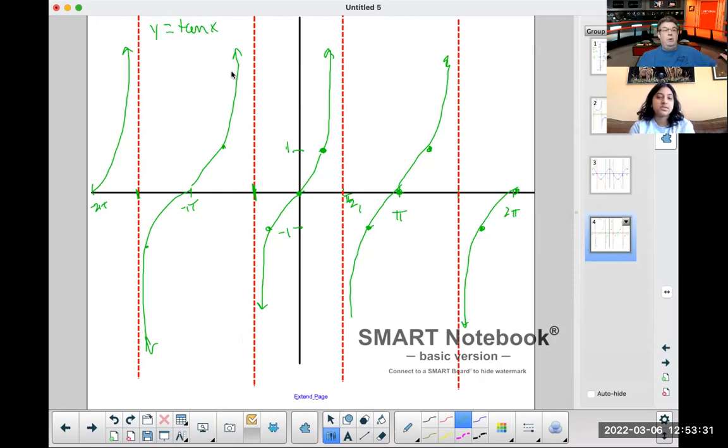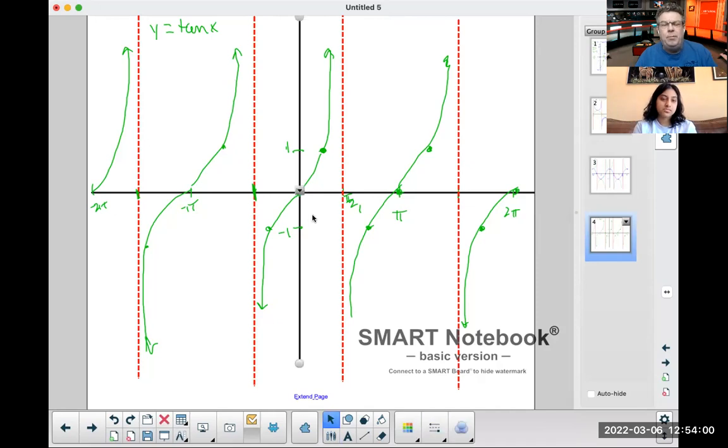So remember when we had, is it going to go the other way? Yes, it's Travolta in the mirror. However, is tangent undefined in the same places that cotangent is undefined? No. So there is a shift and a flip, isn't there?